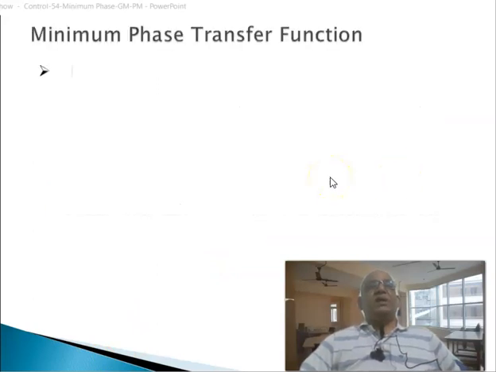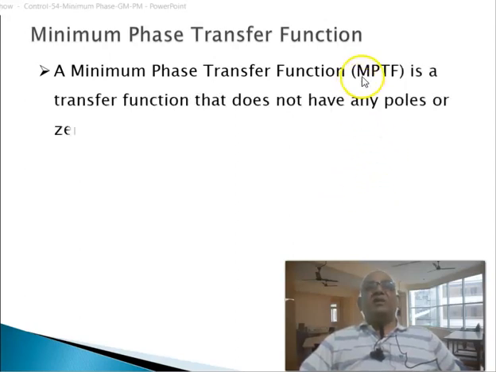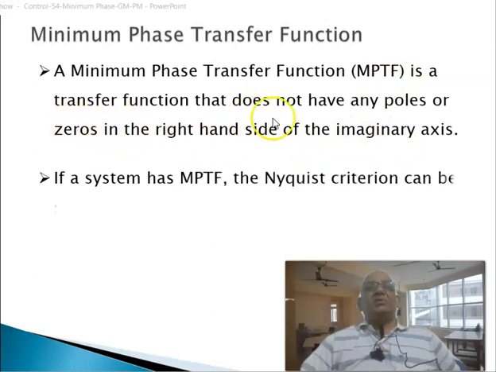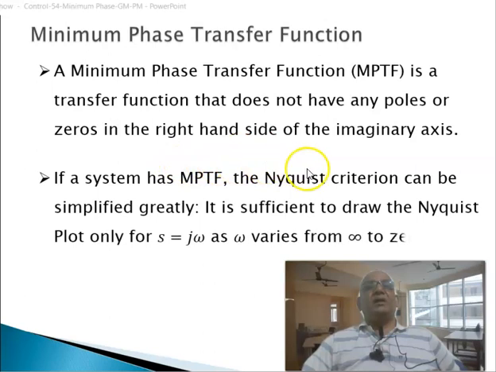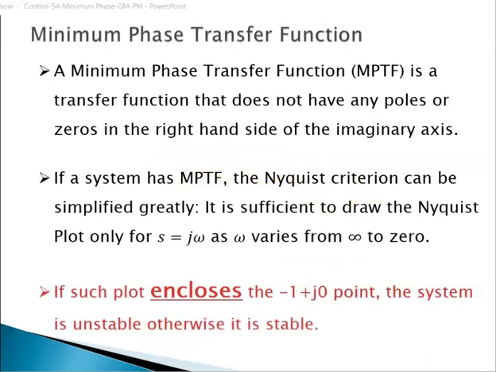First, we will define a minimum phase transfer function, which we abbreviate as MPTF. This is a transfer function that does not have any poles or zeros in the right hand side of the imaginary axis. If a system has an MPTF, that is, a minimum phase transfer function, the Nyquist criterion can be simplified very greatly.